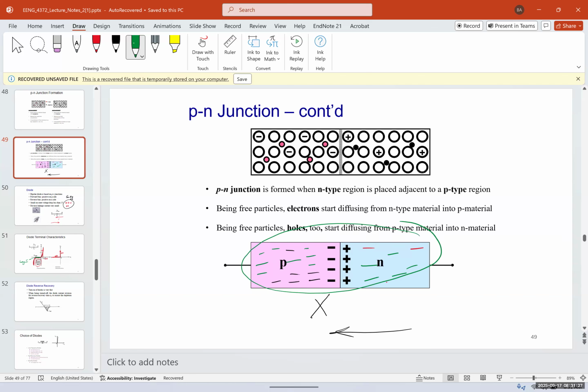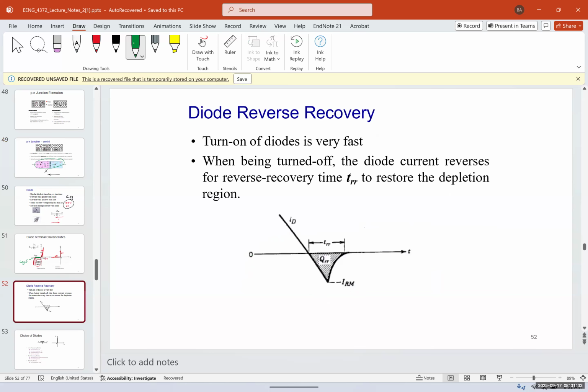So this takes time going from forward bias to reverse bias, or from turning on to turning off. That time is called the reverse recovery time, or TRR, and it's the time it takes to restore the depletion region.